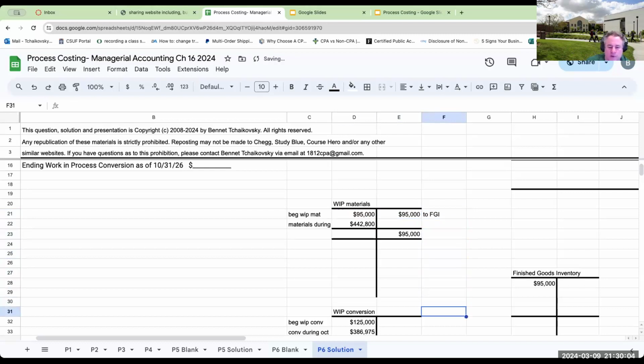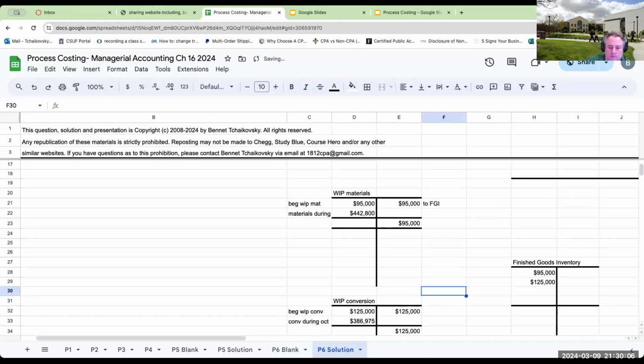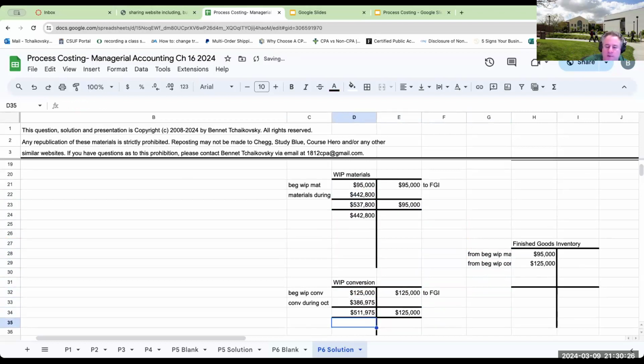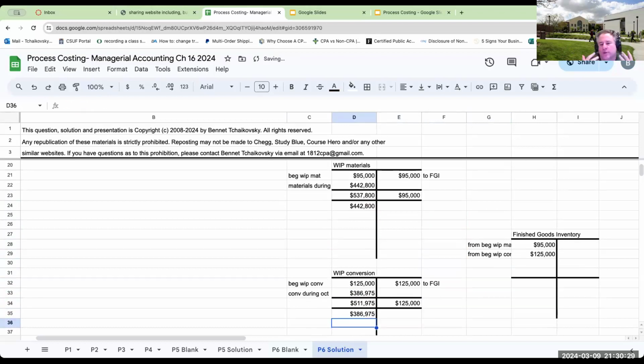So this is going to go over here. What we end up with in terms of what's left in our T account is only going to be the costs of 442,800. This is going to become very critical as we determine the cost per equivalent unit. Okay, so that's the first thing we're going to do. This is an example using FIFO.